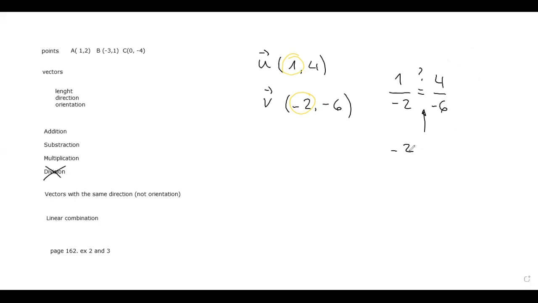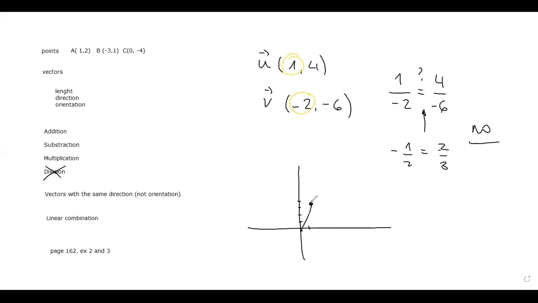What happens here? Here I would get -1/2. And here, if I calculate this and simplify it a bit, it's impossible to get 1/2. I would get 2/3 negative as well, but 2/3 anyway. So do they have the same direction? The answer is no, they don't. If I draw it, I can see clearly that here I have 1, 1, 2, 3, 4.